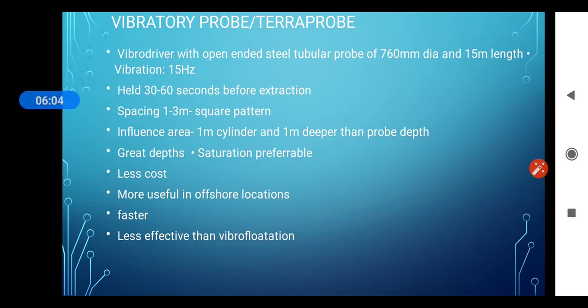The second one is the vibratory probe, also called the Terra probe.